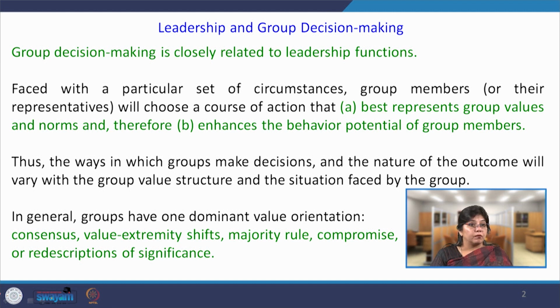of action. Now, that course of action is very much based on the group norms and values, and how those norms and values enhance the behavior potential of group members.